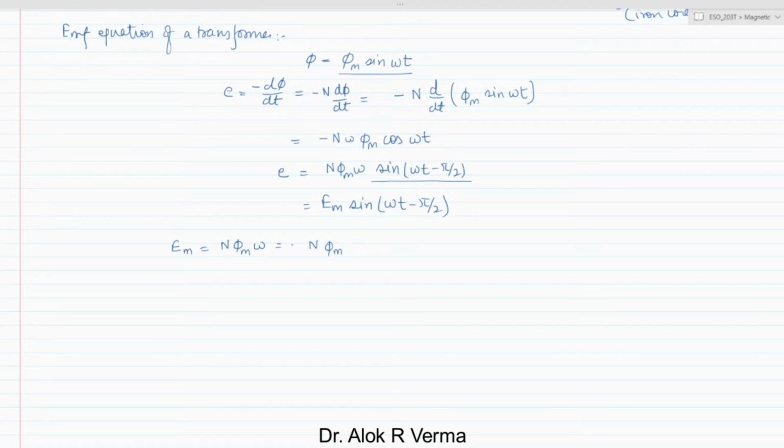Omega is nothing but 2 pi f, and the RMS value of E will be 2 pi by root 2 N phi m f. Okay, and that turned out to be 4.44, which is a very famous equation, 4.44 times phi m f N.